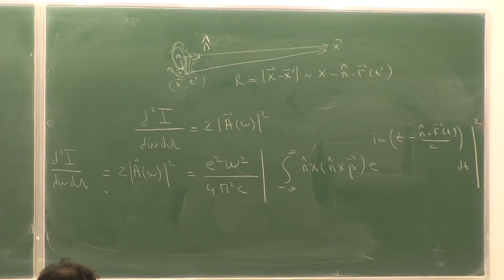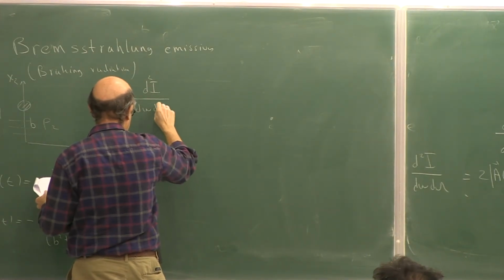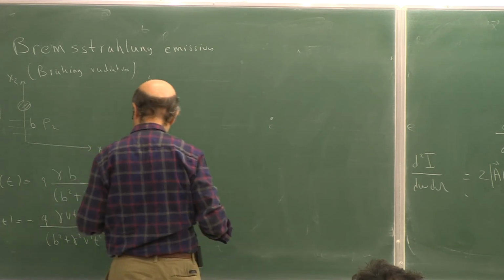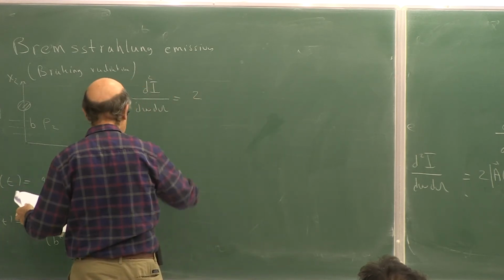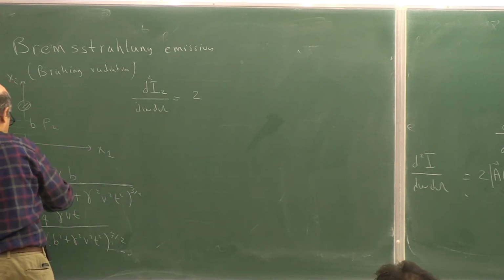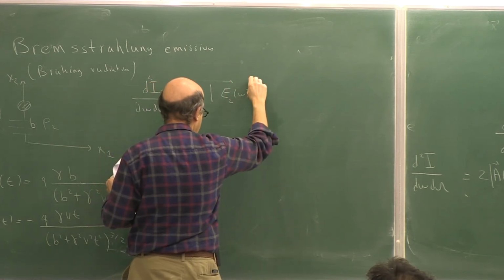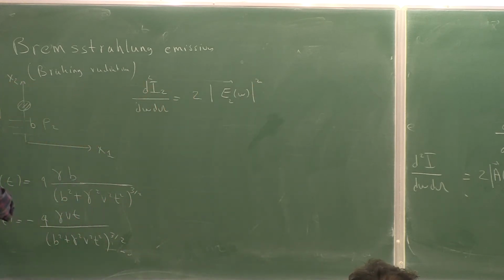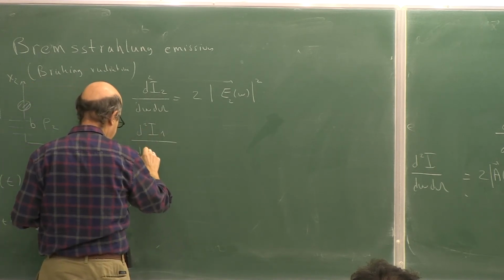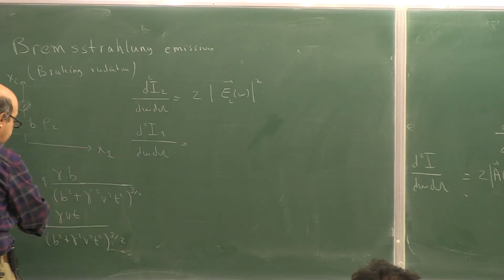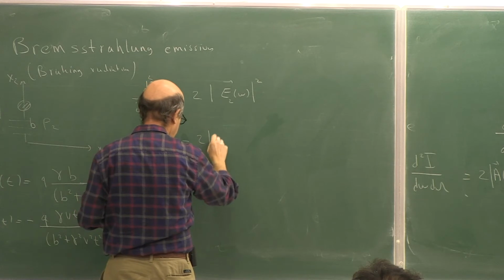The intensity per solid angle per frequency will be what? 2 times, let us write for the vertical one, the Fourier transform of the y component, and for the x component of the pulse interacting with the charge, you have to evaluate the Fourier transform of the x component.